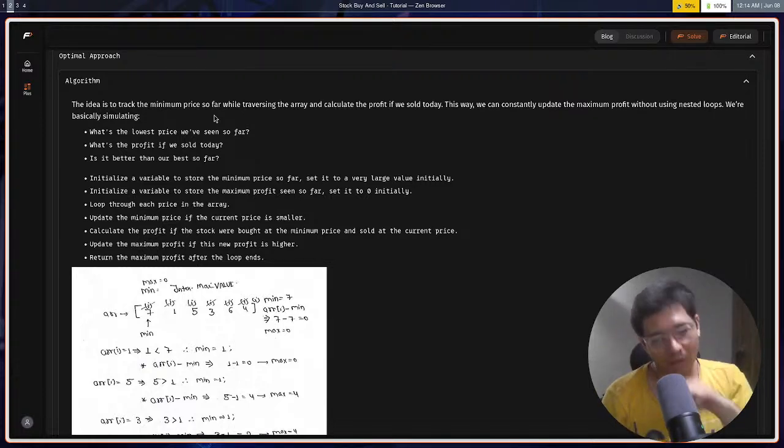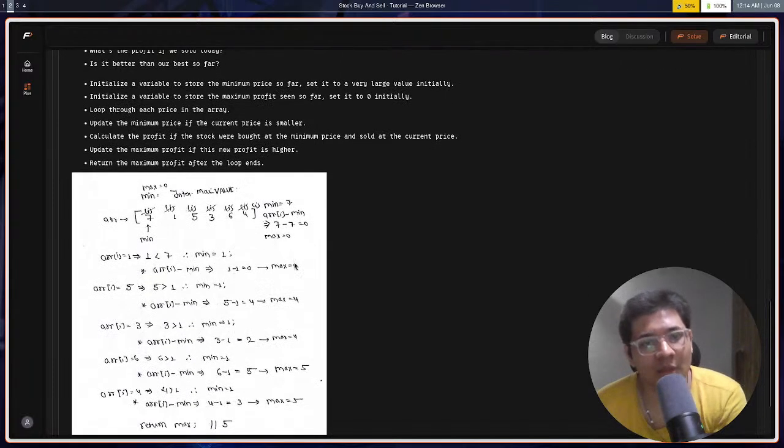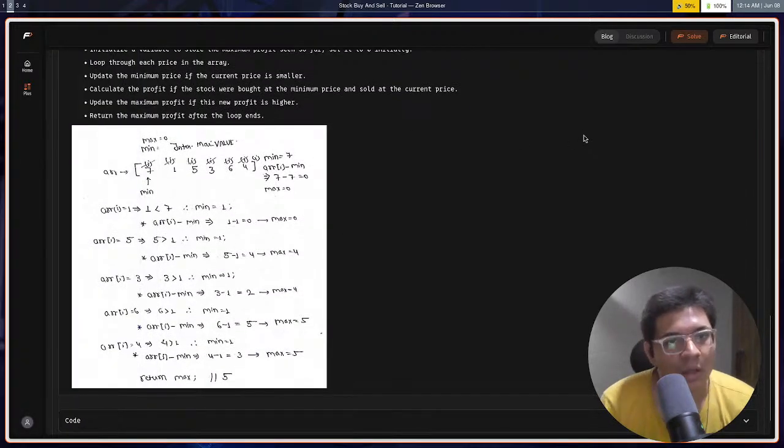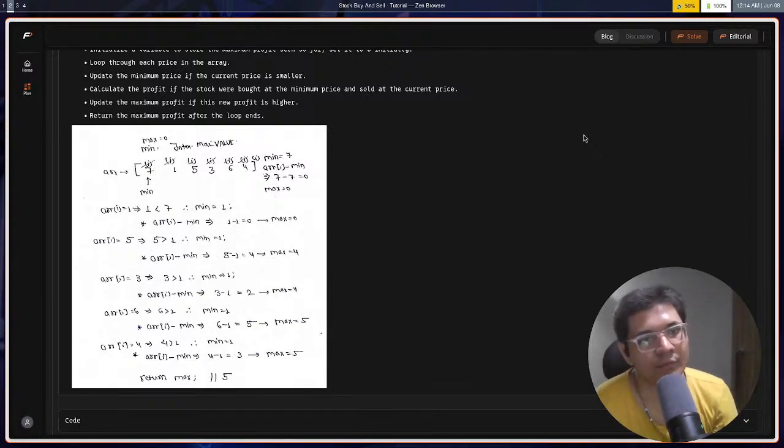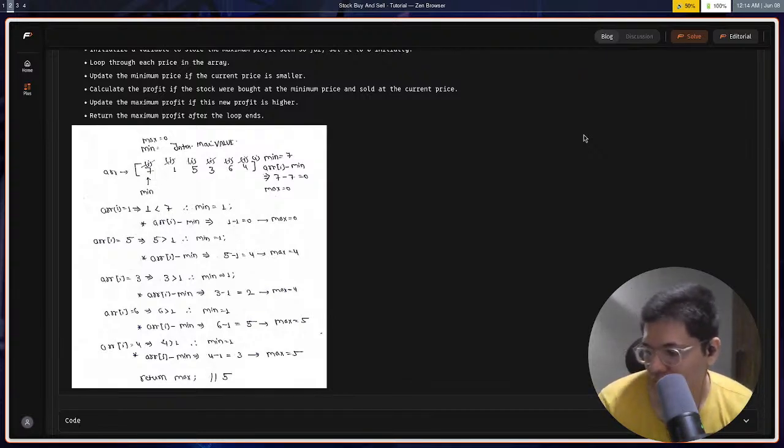Now the minimum price is updated. The array of i minus minimum is equal to 1 minus 1 is equal to 0. So maximum profit will be 0 until now. But then we will move forward to 5, where we can see the value, which is 5. 5 is... wait.